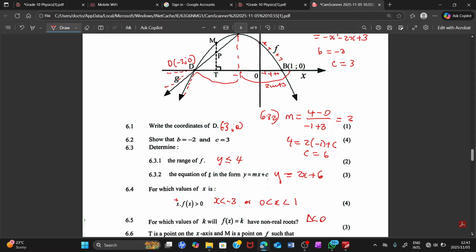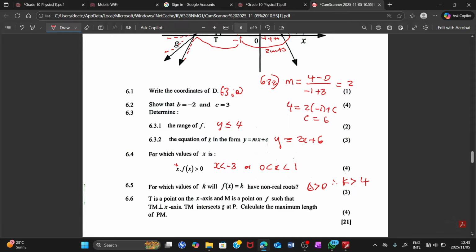So what is away? None are real. So it will be discriminant is greater than 0. Therefore, k is greater than 4. Then you get full marks. Answer only gets full marks. You will check. Even in your memorandums, they will write that.